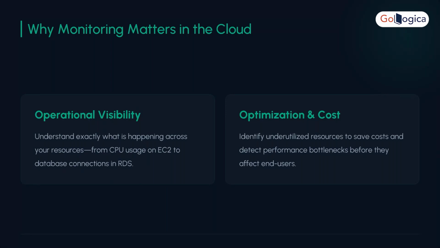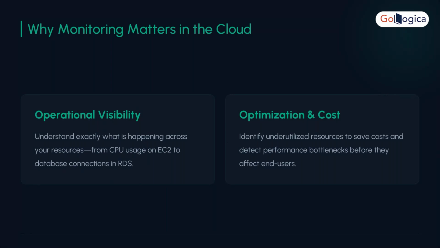Maybe there are other instances lying completely at 0% CPU utilization, near zero. So monitoring will tell us which resources are just lying idle without being accessed. So we can cut down those resources to save cost.